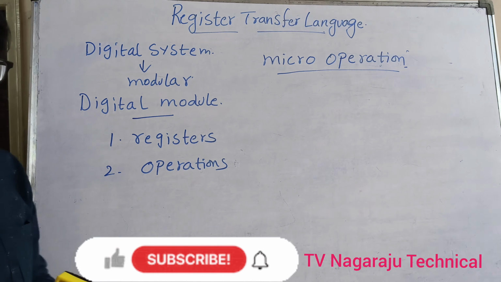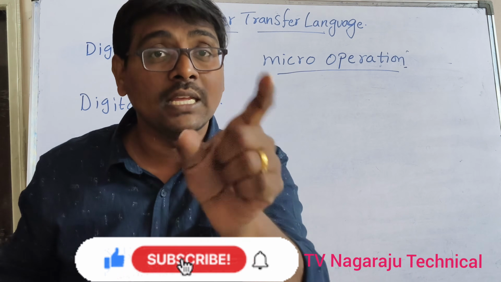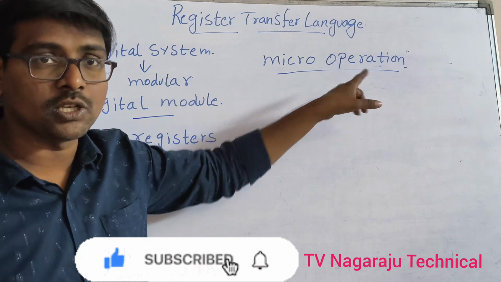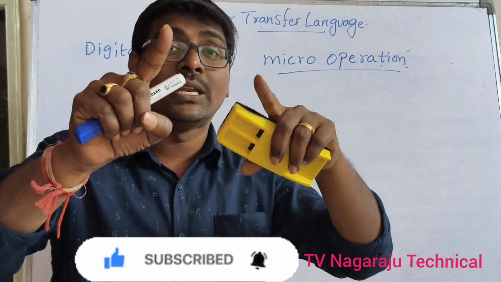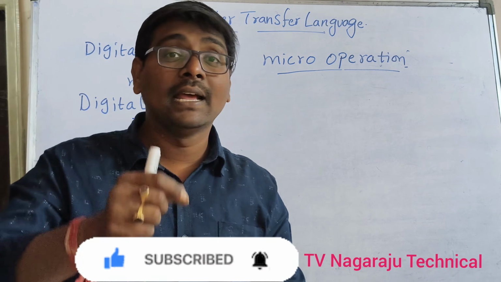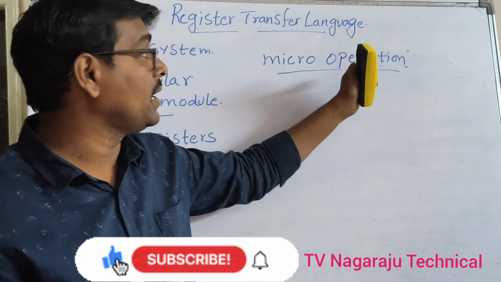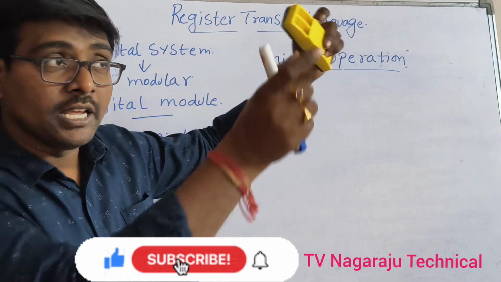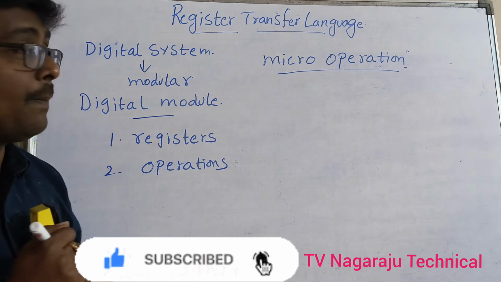Now remember the term: the CPU executing an instruction is different from a micro operation. Suppose the CPU wants to execute one instruction, internally it executes multiple micro operations. Clear? That is, one instruction consists of multiple micro operations.